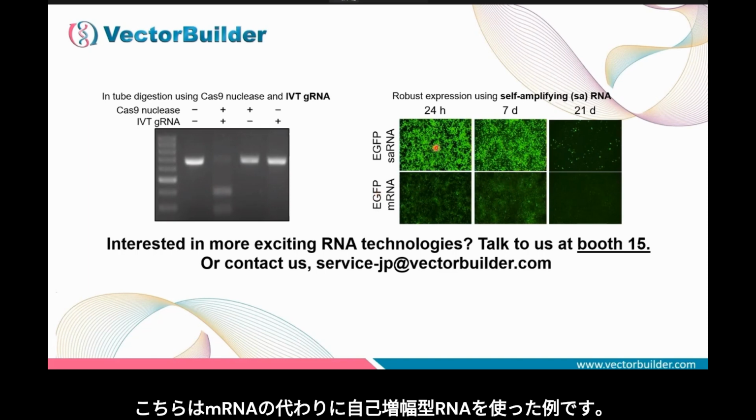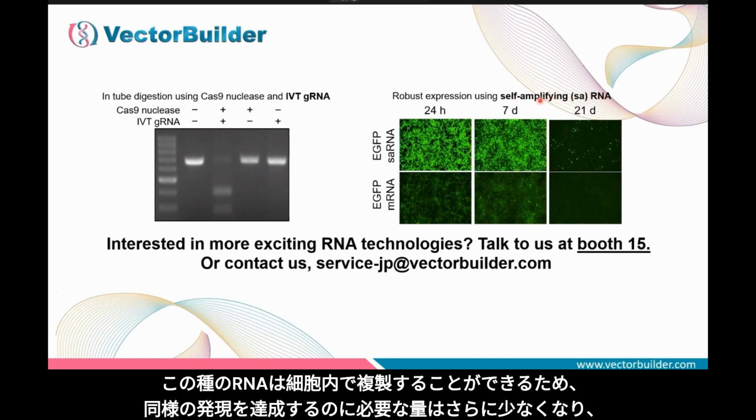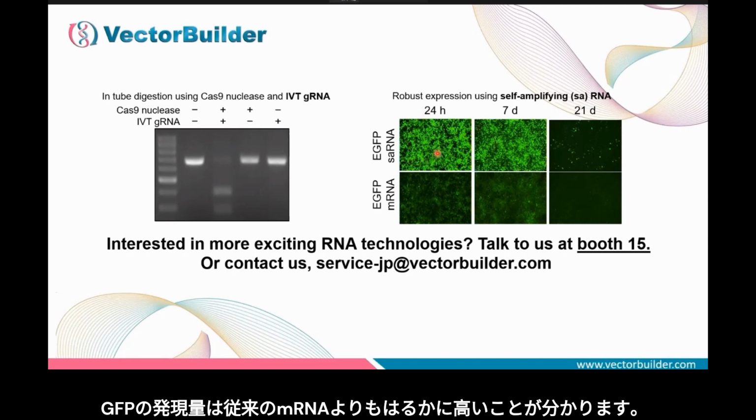And in this case, we use, instead of mRNA, a so-called self-amplifying RNA. This kind of RNA can replicate a little bit within the cell, which means the amount needed to achieve similar expression is even less. And you can see its expression of this GFP is much higher than the conventional mRNA.